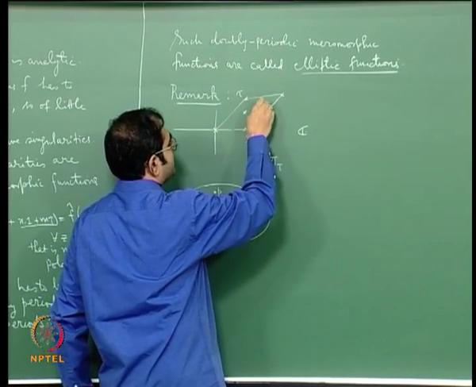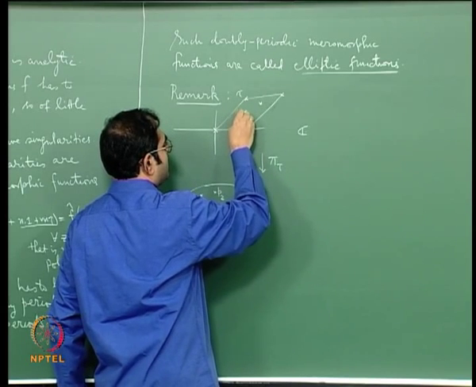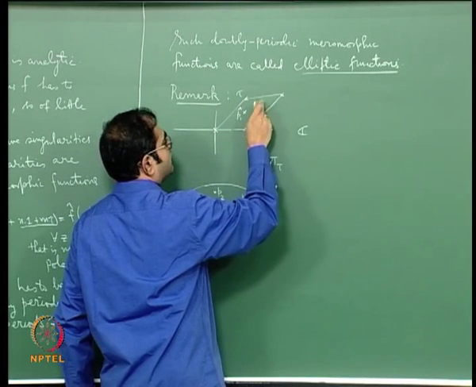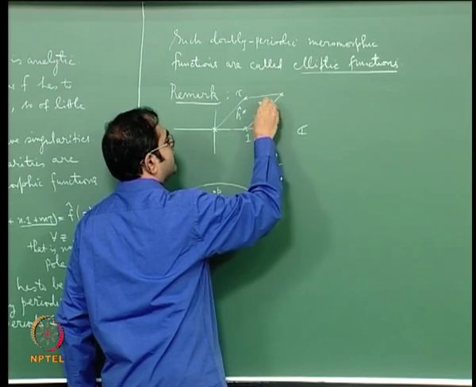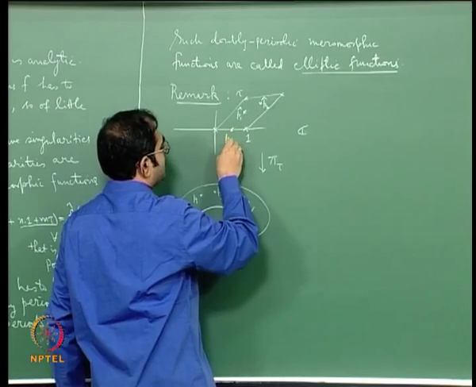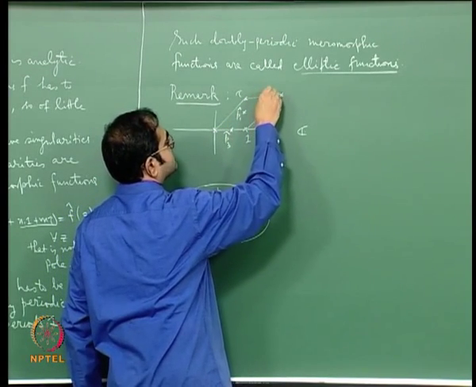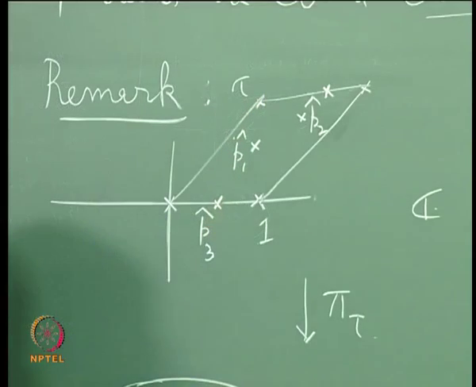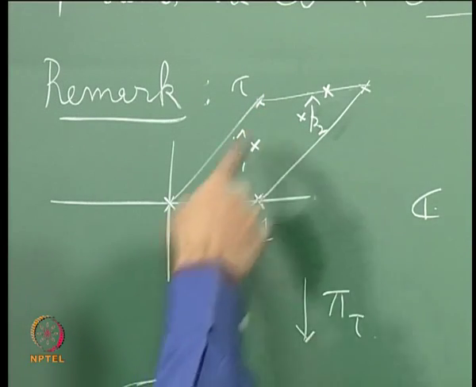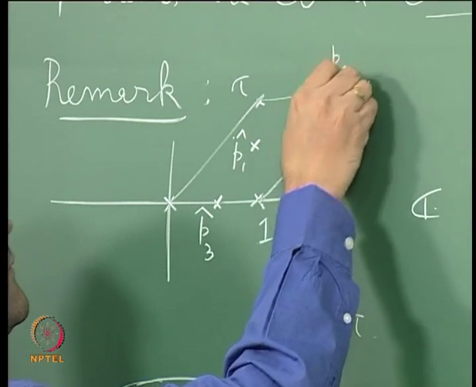So in other words, it may happen that p1 is inside and p2 is inside, so for p1 and p2 I can find a unique representative because they are inside. But maybe for p3 I might get 2 representatives, one here and one exactly on the opposite edge of the parallelogram, so it will be some p3 prime hat.